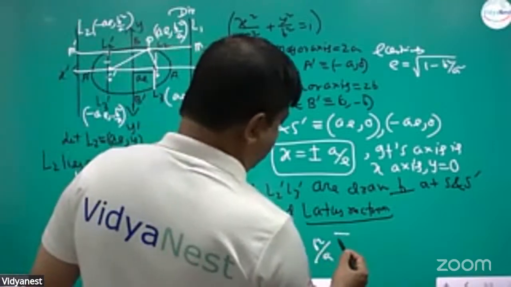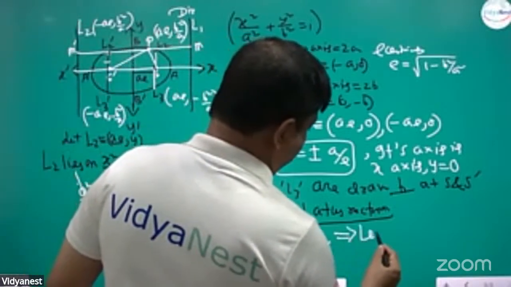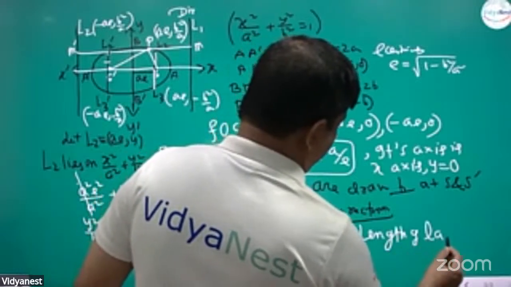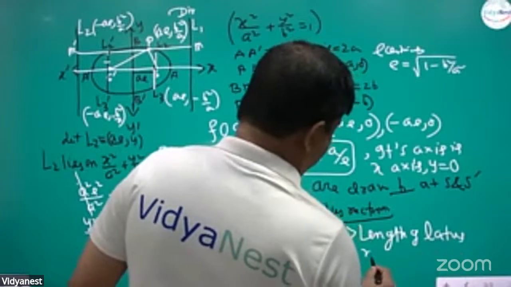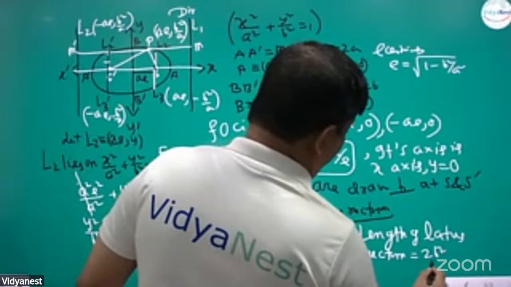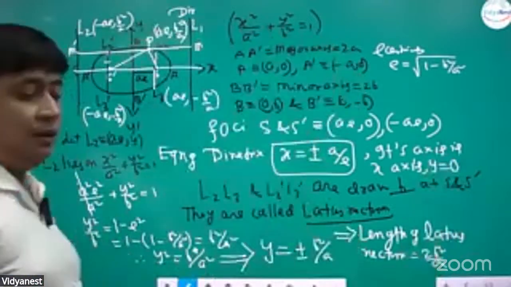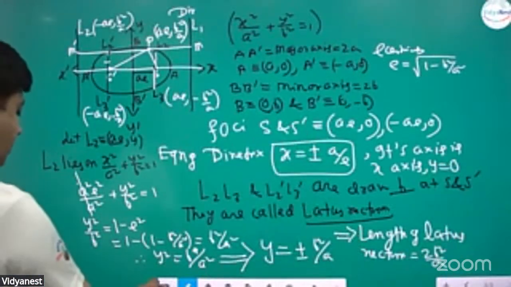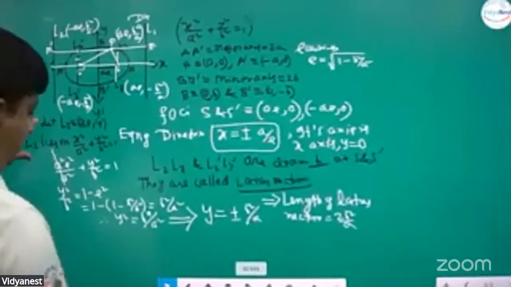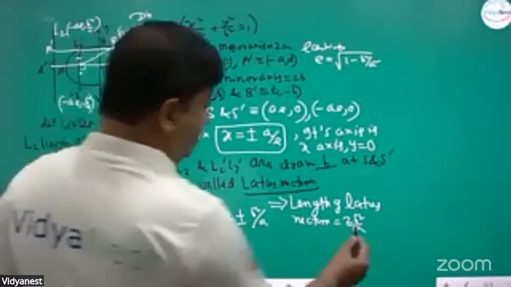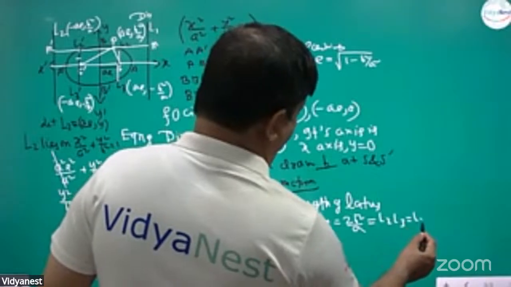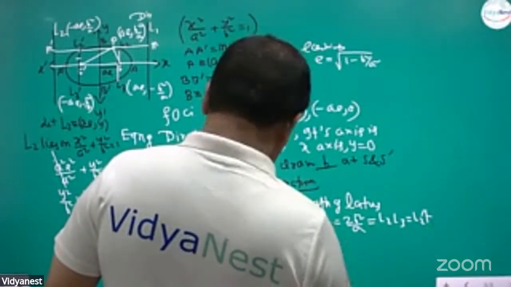Therefore, the length of the latus rectum is 2b square by a. See, L2, L3 and L2 dash, L3 dash both.